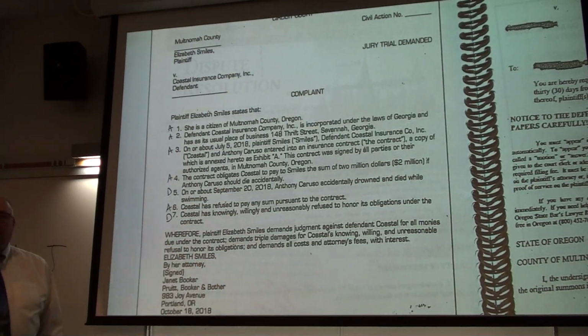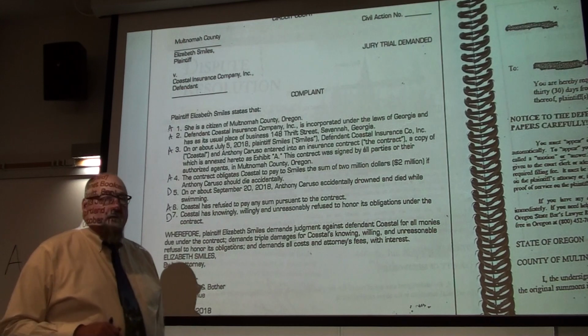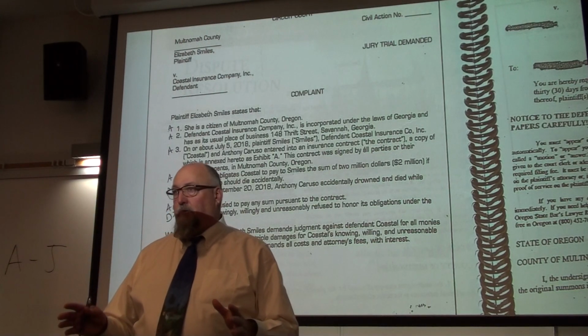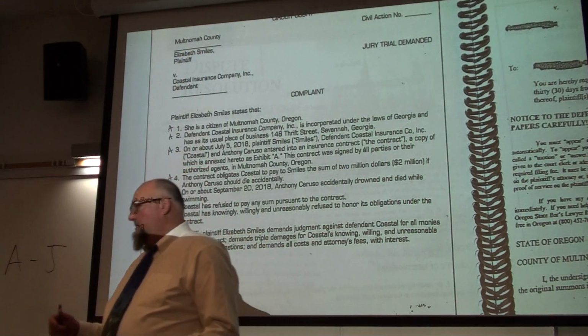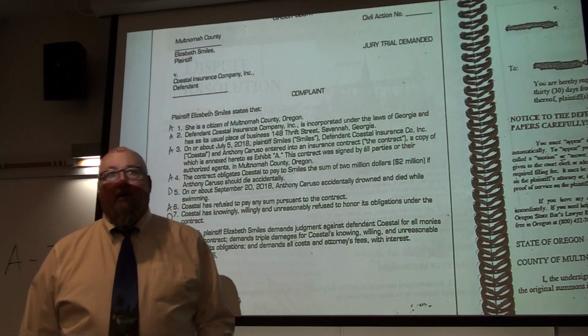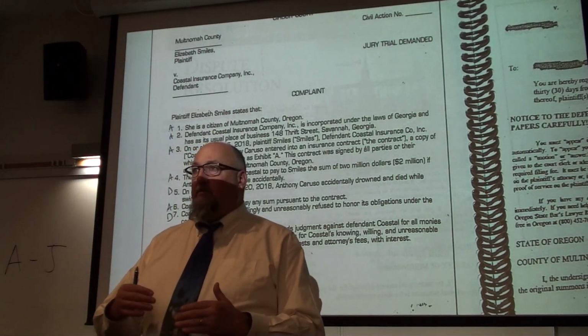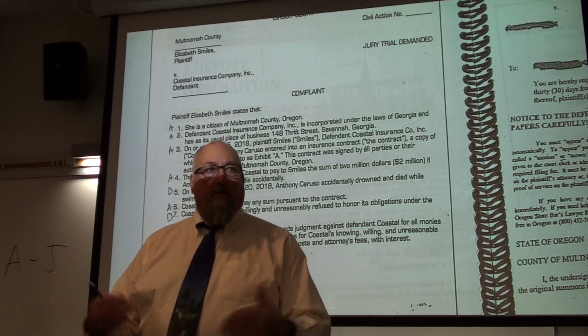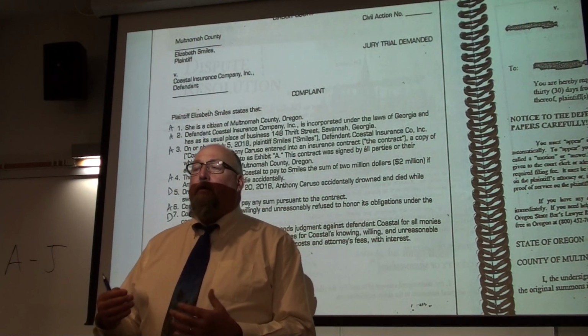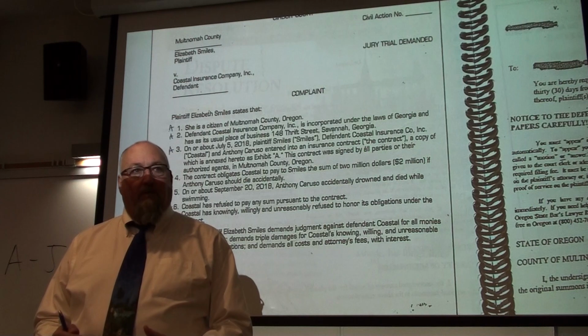So when you admit something, it becomes not proven, but agreed upon. So when we admit that Elizabeth Smiles is a citizen of Multnomah County, that now becomes proven, agreed, stipulated, whatever you want to call it. It's no longer a fact that is in dispute.